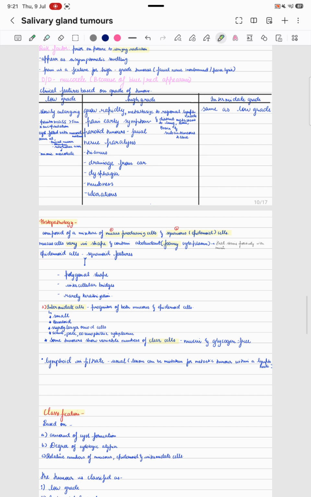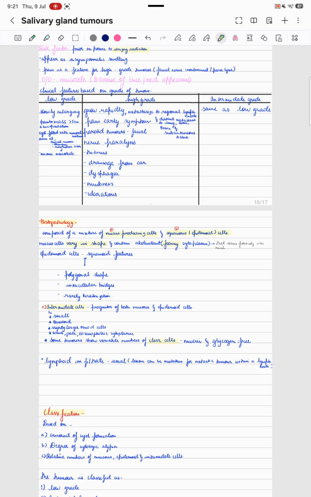And intermediate is also the same, and high grade it is rapid, it is metastasizing to the nearby organs, lungs, bone, subcutaneous tissue. It causes trismus, it has a drainage to the ear, and it causes pain, numbness, facial nerve paralysis. Okay, and ulceration is also a symptom.